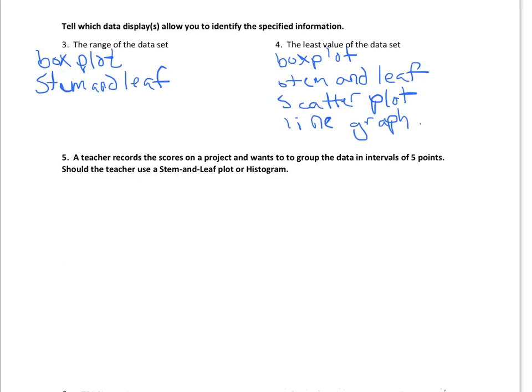It says a teacher records the scores on a project and wants to group the data in intervals of 5 points. Should the teacher use a stem and leaf plot or a histogram? I'm hoping most people could just bust this one out: histogram. Because that's what you did.